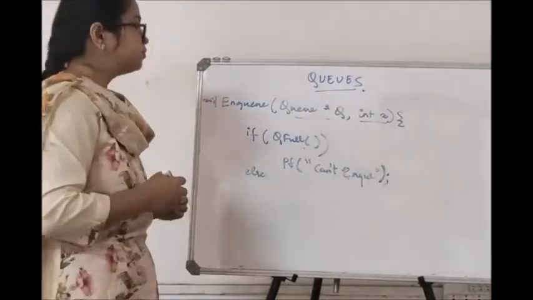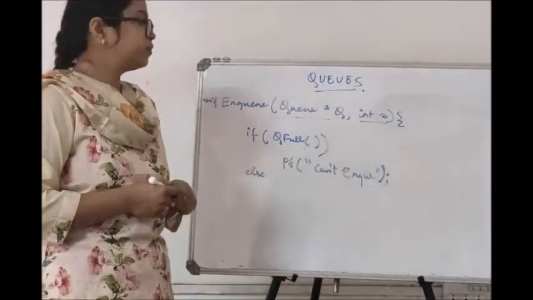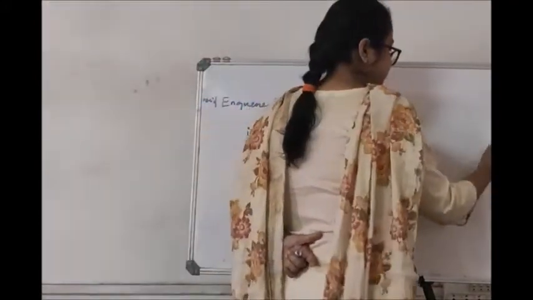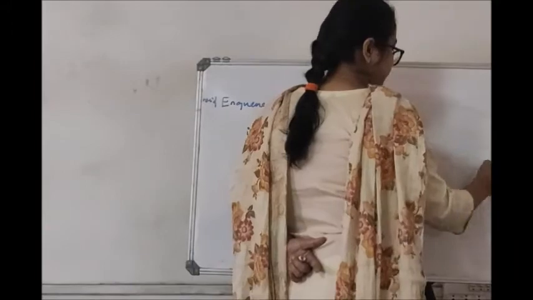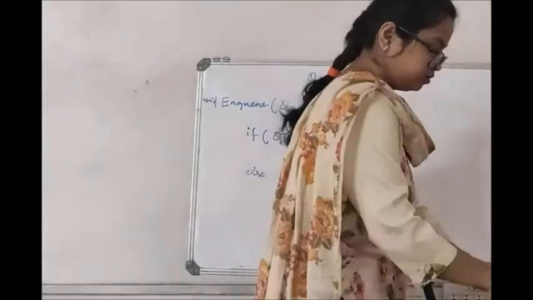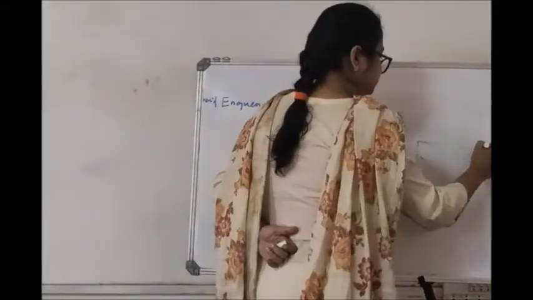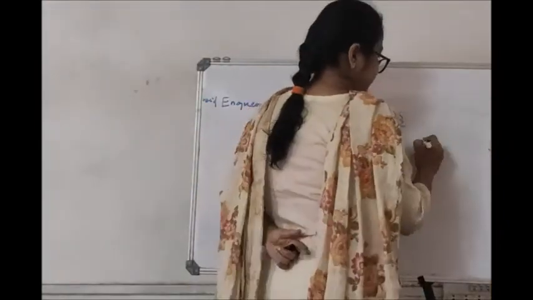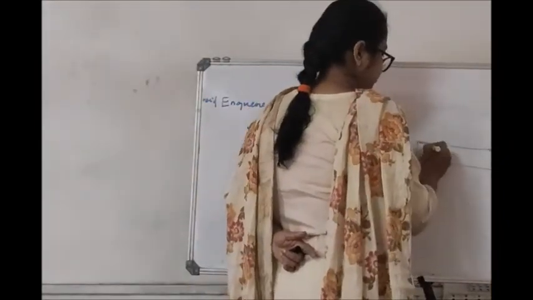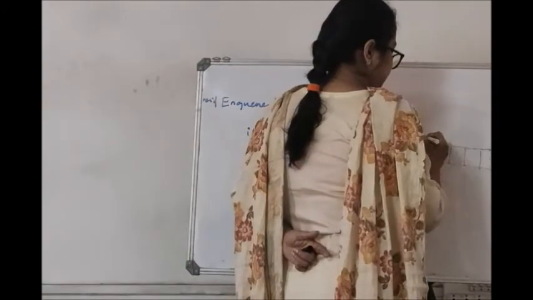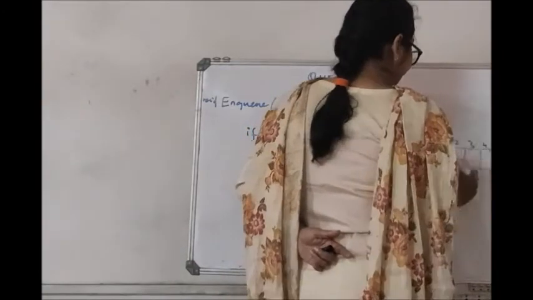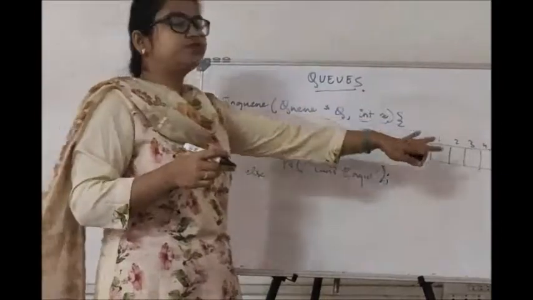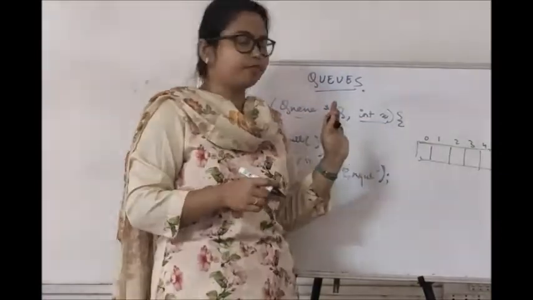Else what we can do? What we have to do? We have to check. Suppose this is the queue. We have 5 slots, 0, 1, 2, 3, 4. Now suppose queue is full, then we cannot perform enqueue.